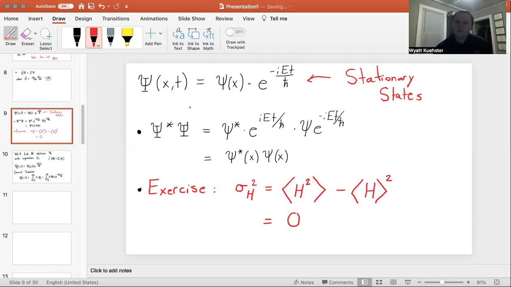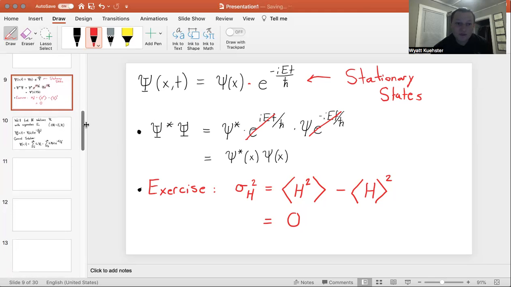If you compute the probability density, big psi star times big psi, you get little psi star, e to the iEt over h bar, and little psi, e to the minus iEt over h bar. These complex exponentials cancel each other out, so all you get is a time-independent probability density. It only depends on x. So it doesn't matter when you measure this system, if it's in a stationary state.